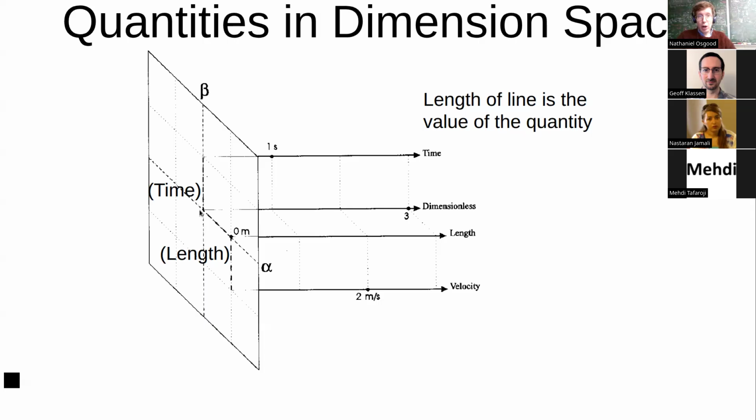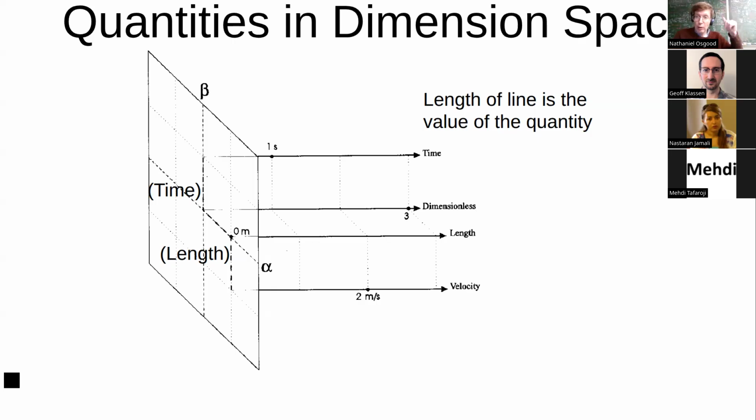And we could imagine talking about the speed my plane was going yesterday. Well, that would be some length spatially, but per unit time. So it'll be negative in terms of the time axis. So it'll be down here. It'll be like the speed of the plane, the velocity of the plane. And that would carry a certain value. So dimensional quantities carry a value, but they also carry an exponent for each of our dimensions of interest: length, time.